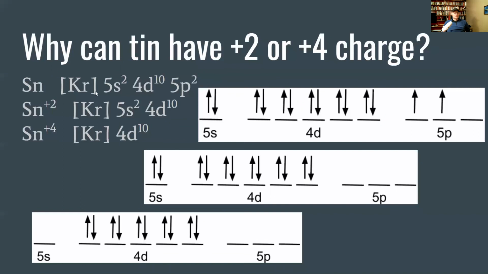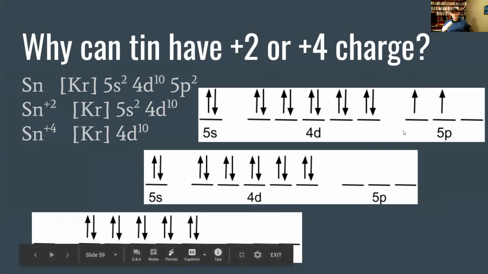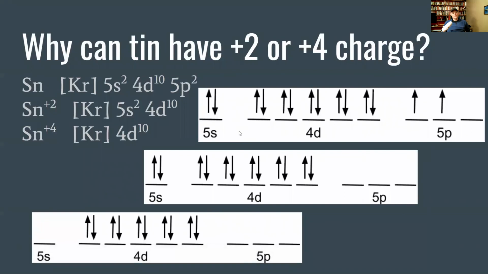So if we take a look, I not only wrote out the abbreviated electron configuration for the atom as well as 2 ions, but I also did the orbital diagram for each one of them. So you'll notice that with the tin, I have the 5s2, 4d10, 5p2. And if we are going to start removing 2 electrons, the first 2 that are going to get pulled off are going to be the 5p.